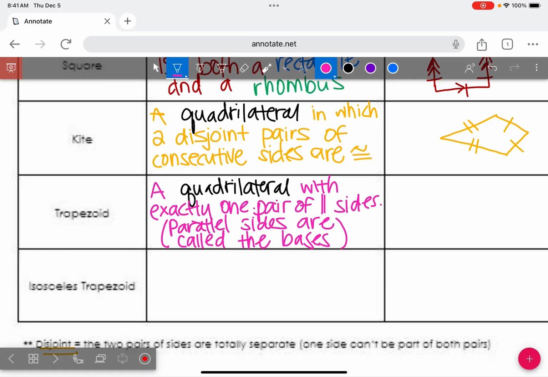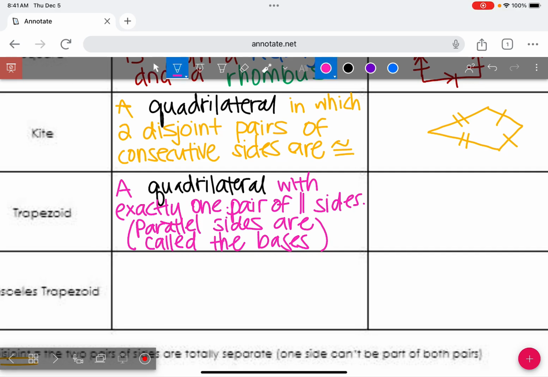So we often refer to one as the upper base and the lower base. So let's go ahead and draw our diagram. So I'm going to draw 2 bases that are parallel, and then I will connect those with two other sides to make a quadrilateral. So we only have one pair of parallel sides.